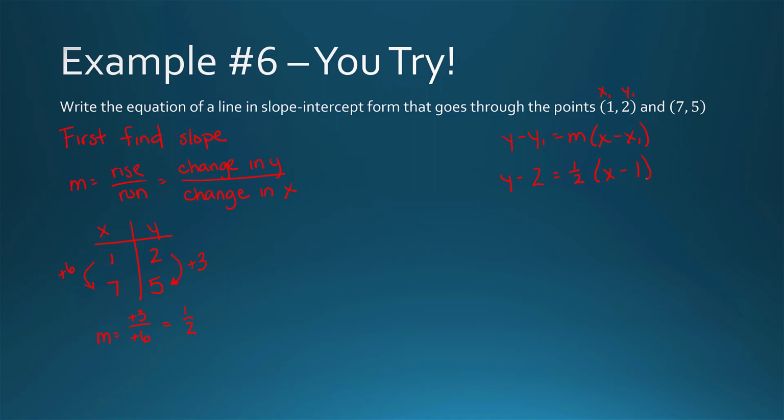So first thing I'm going to do is go ahead and distribute this through my parentheses. And that becomes 1/2 x minus 1/2. And now I'm going to go ahead and add 2 to each side so I can get y by itself, so I'm in slope-intercept form. So y equals 1/2 x. And now we have this negative 1/2 plus 2.